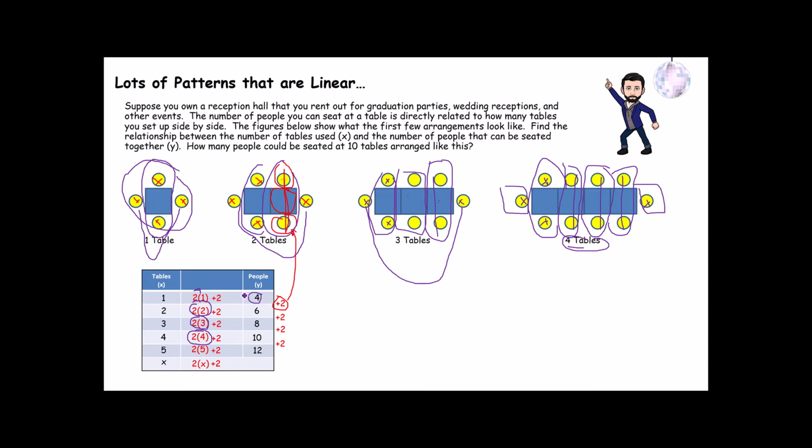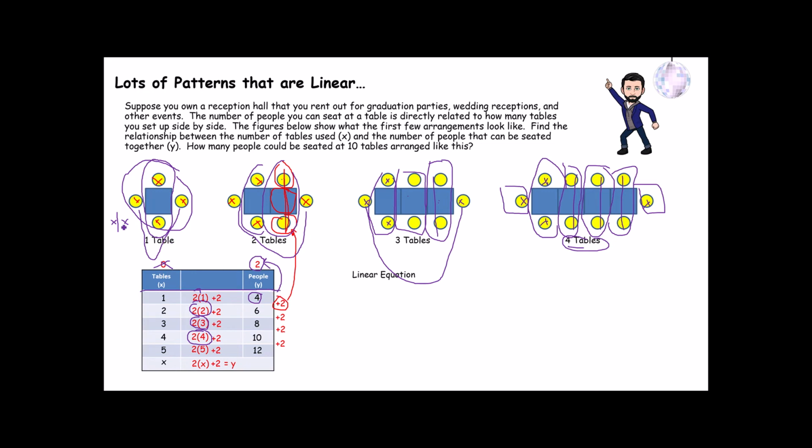In fact, if I were to go backwards 1 stage and look at the 0 step of this problem, you could see that this says that if I had 0 tables, I would still have seating for people on the ends. Now that doesn't make any sense, and if we were being really formal about this, we would limit our domain and say that our pattern only works for 1 table or more.